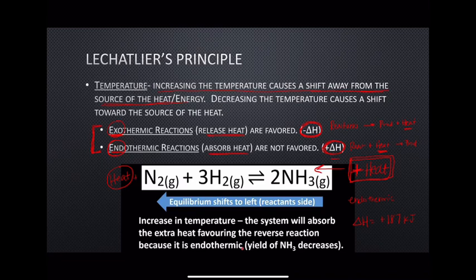So it's going to move away from that heat, so it's going to go to the left, or to the reactant side. Okay? I think the heat one's a little tricky because when it adds heat, it basically is going to add it to the other side of where it is. Okay? When it removes it, it's also going to remove it from the side where it is and kind of move it to the other side. And we'll see a couple more examples of that in just a moment.